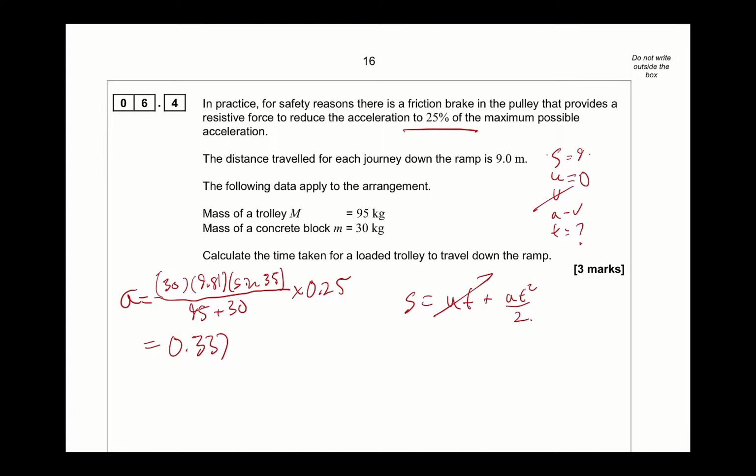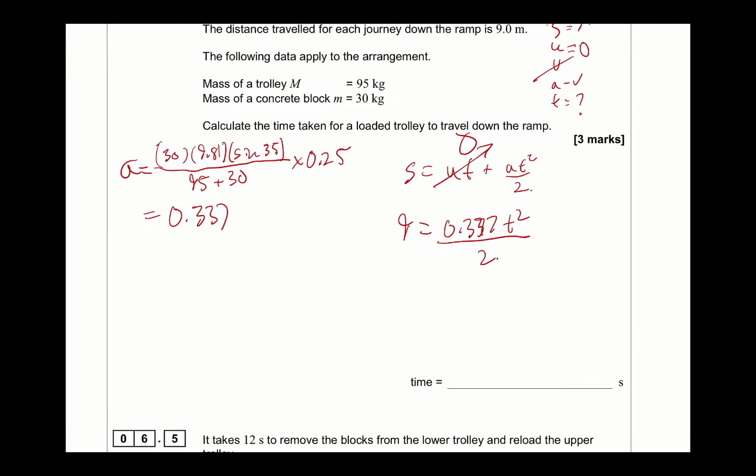But u is 0, so 9 is equal to 0.337 t squared over 2. So 18 divided by 0.337, square root, is going to be equal to t.